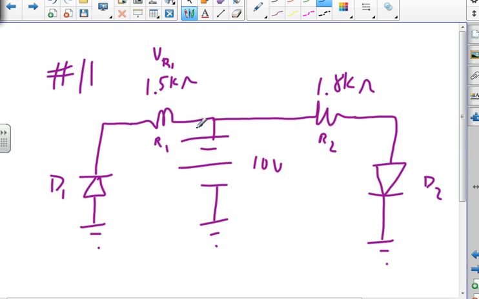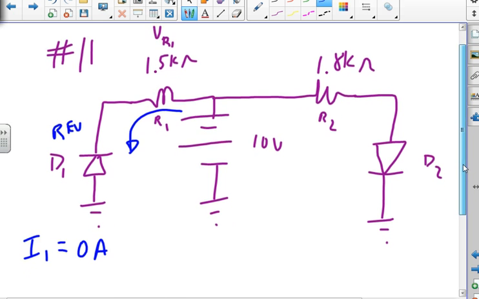All right, now I look on the left-hand side, I see I'm reverse biased. Okay, so reverse bias means that the current I1 is going to be 0. So I don't have current going that way because I'm reverse biased.